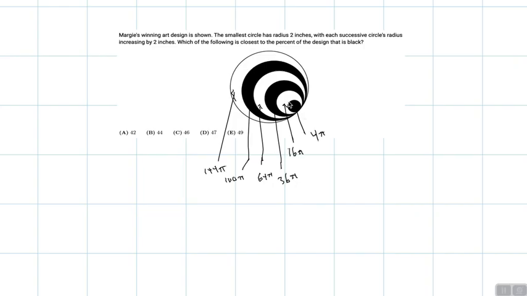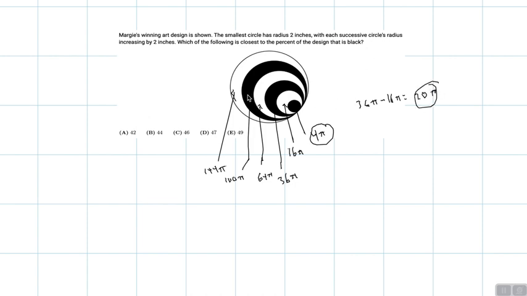The percent that is black, so the amount that's black here is, we have 4 pi, and then the amount that is black here, the way we find that is it's going to be 36 pi minus 16 pi is 20 pi.